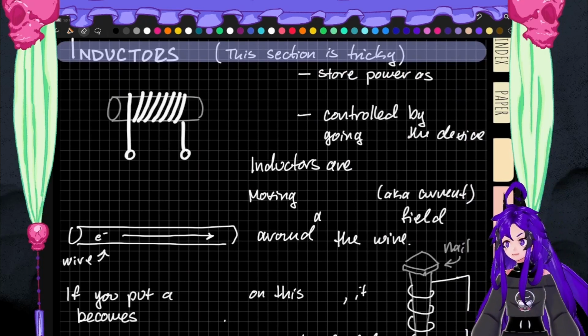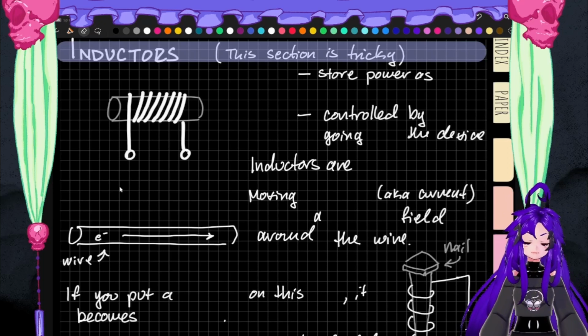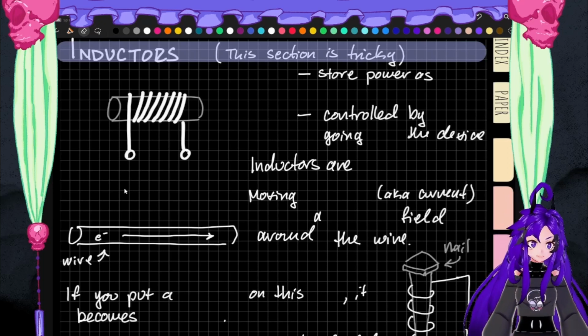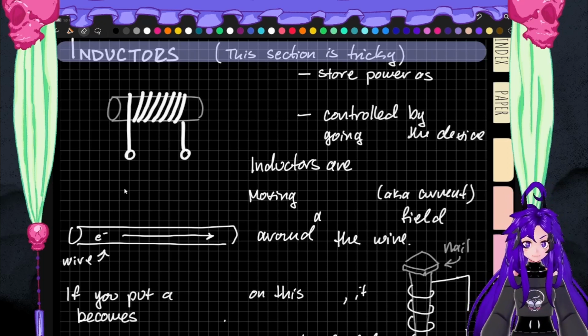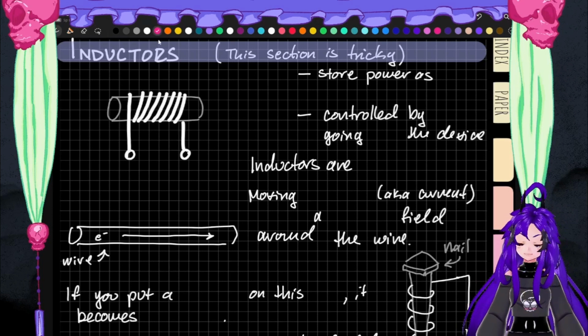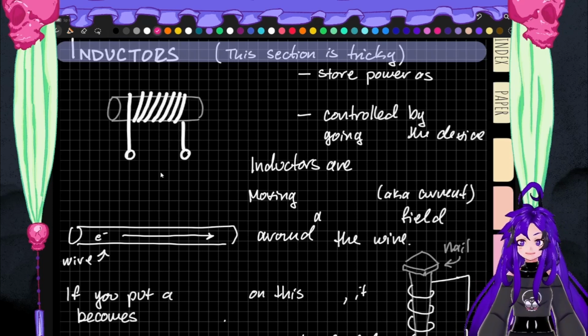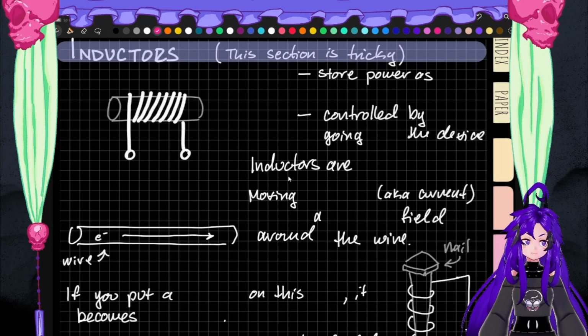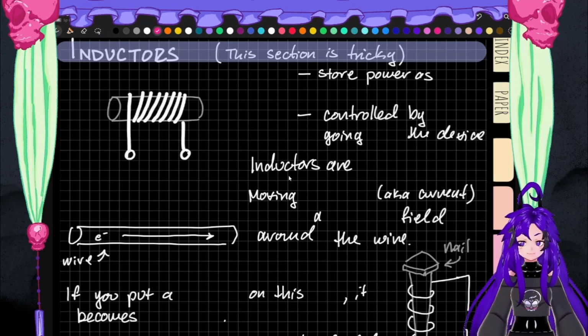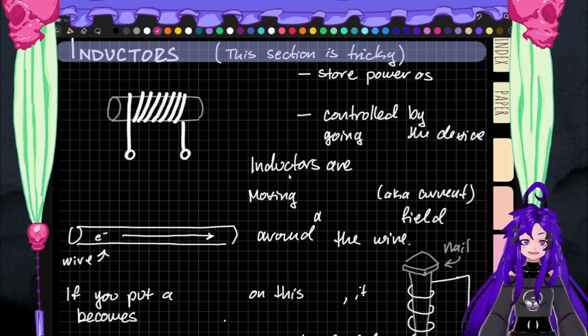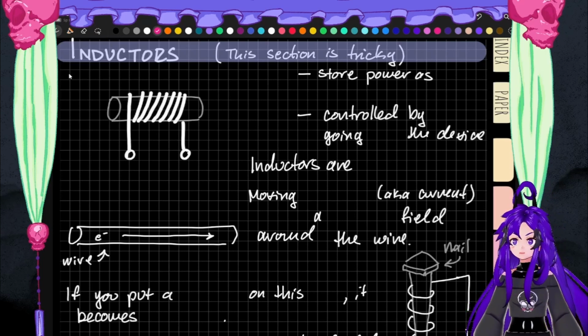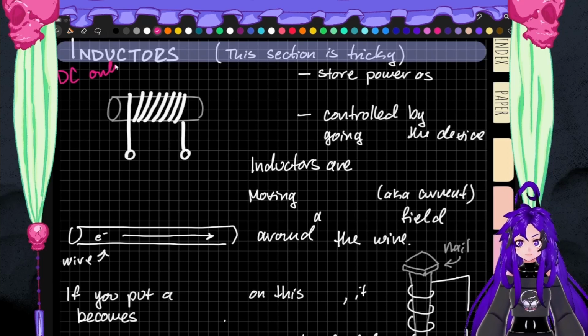We're going to look at inductors, and frankly, inductors are a little trickier than capacitors because they use magnetism as opposed to voltage. So let's see how they behave. Before we go too far forwards, we are looking at DC sources only right now.